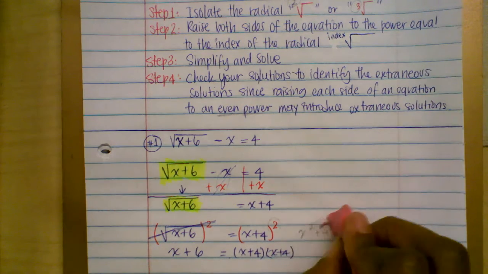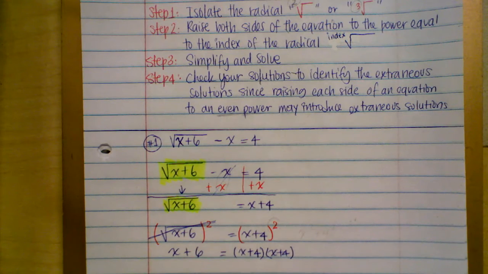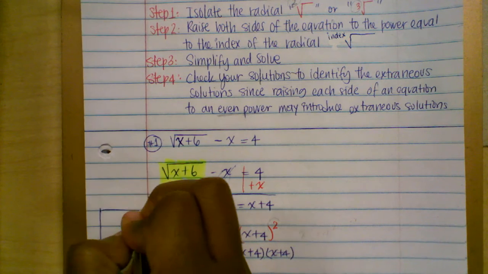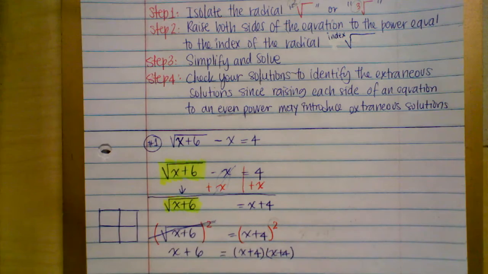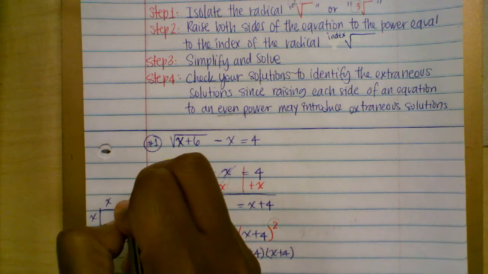Then you're going to either use the box method or the distributive property to multiply. For me, on the side, I'm going to use the box method. So you have x plus 4 times x plus 4.